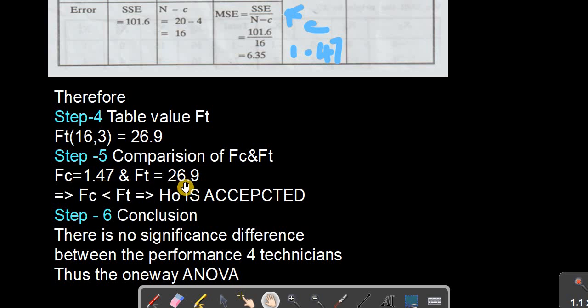When we compare, we see that the calculated value of F is less than the table value of F. So if that is the case, we must accept H naught. In some cases, the calculated value of F may be greater than the table value of F. In that case, we have to reject H naught.